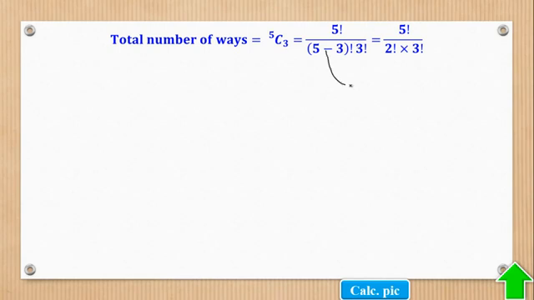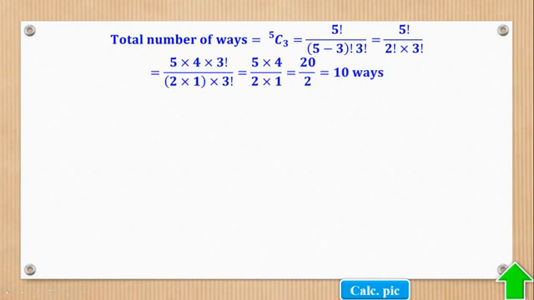So 5 minus 3 is 2 factorial. Now I simply expand 5 until I reach 3 factorial: 5 times 4 times 3 factorial, and the reason is that this can cancel. I remain with 5 times 4, then here 2 times 1. This is 20, this is 2, to give you 10 ways. That is what we got when we did it manually. So the knowledge of combination is there to make life easier.